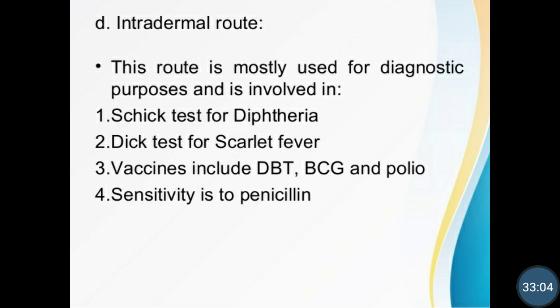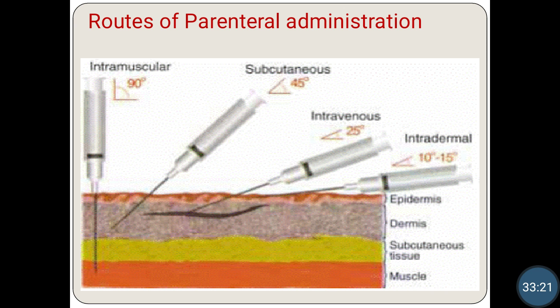The solutions or vaccines, or the test solutions used for these different tests for different diseases, are injected by this intradermal route, that is between the dermis and epidermis. So these are the routes of parenteral administration.